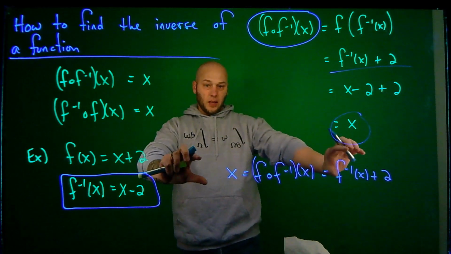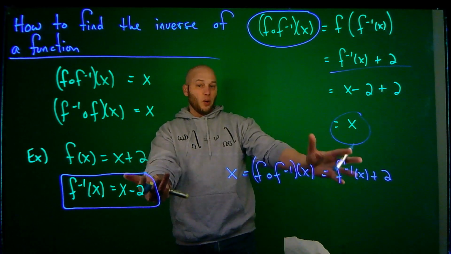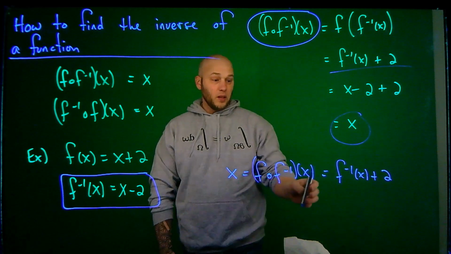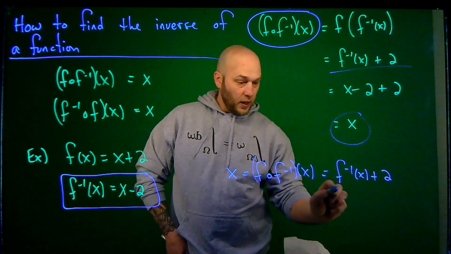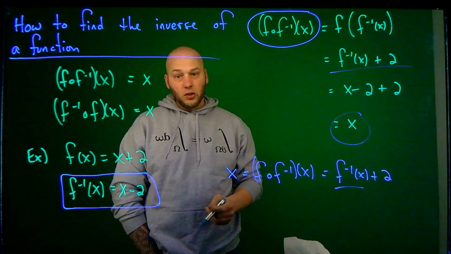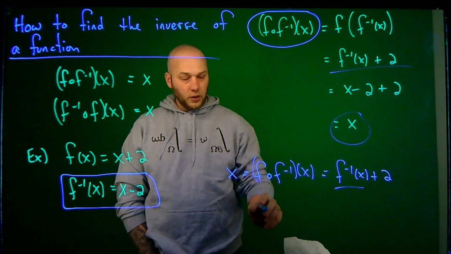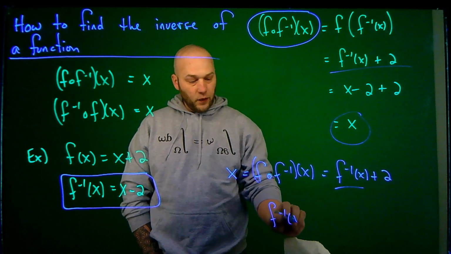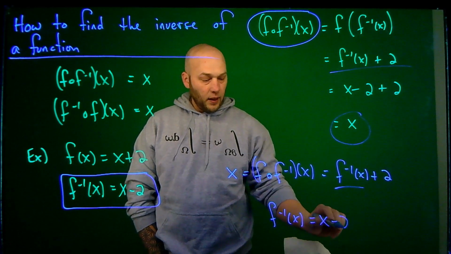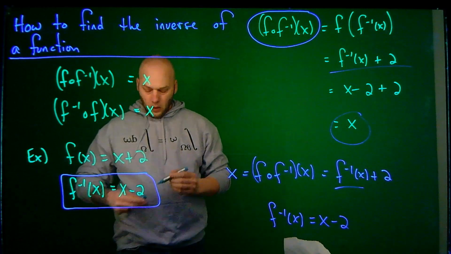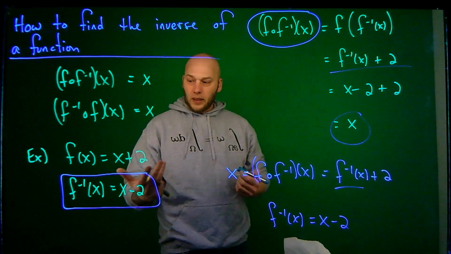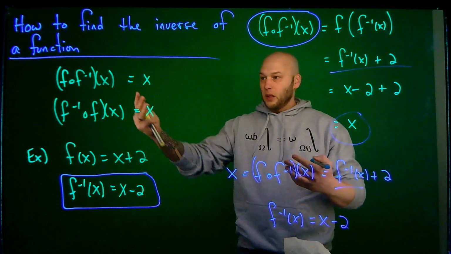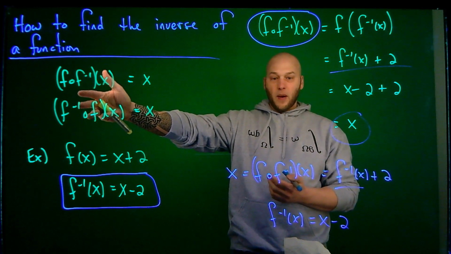At this stage, I'm pretending like I don't know what the inverse was. Well, this is an equation, and if I think of this as my unknown, let's solve for it. Subtract 2 to the other side, and I do get f inverse of x is equal to x minus 2.